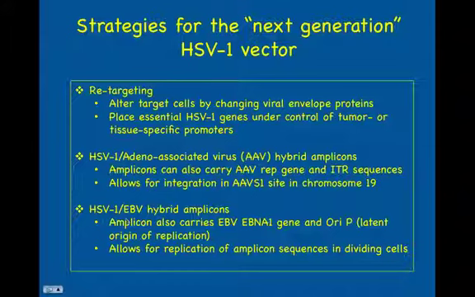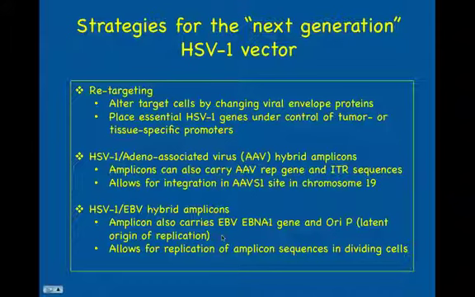And then HSV with Epstein-Barr virus. Remember, these two are fairly well related in that they're both versions of herpes viruses, though they're in different subfamilies. Alpha for HSV1 and beta for EBV.